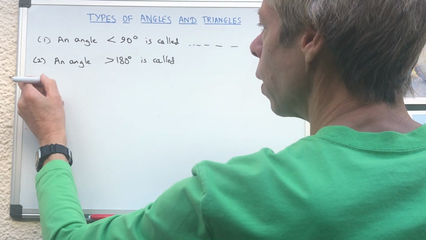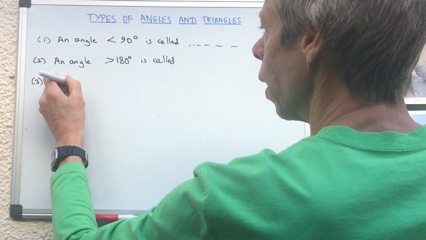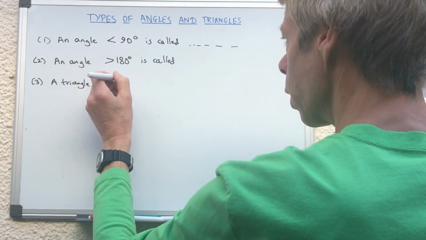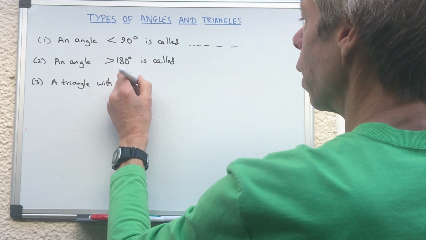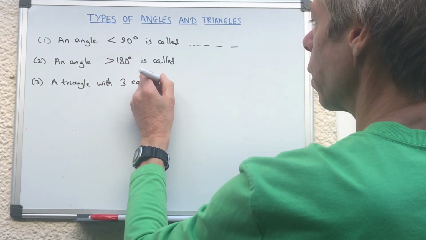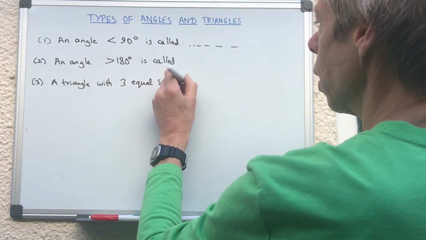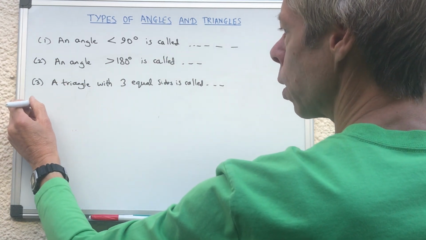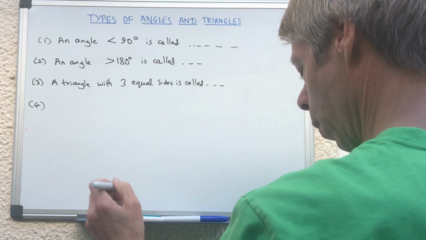Number 3, a triangle with 3 equal sides is called what?